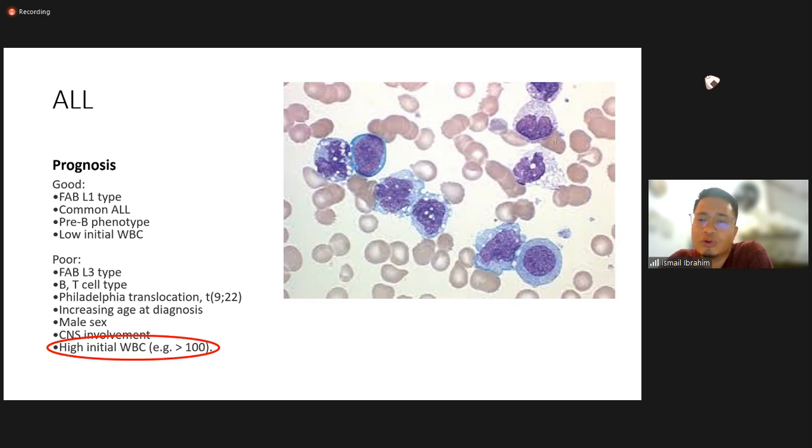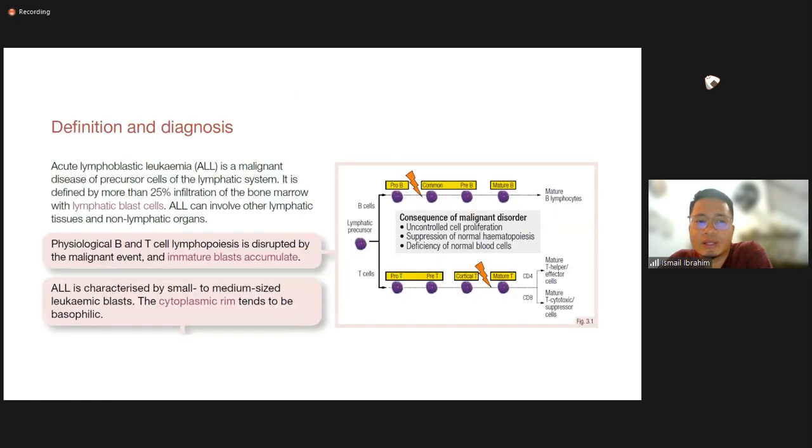So it can be morphologically classified based on their size and their appearance using the FAB, French American and British classification, or it can be diagnosed by using a bit more specific way, which is immunophenotyping.